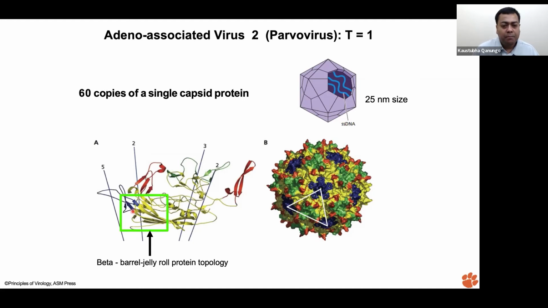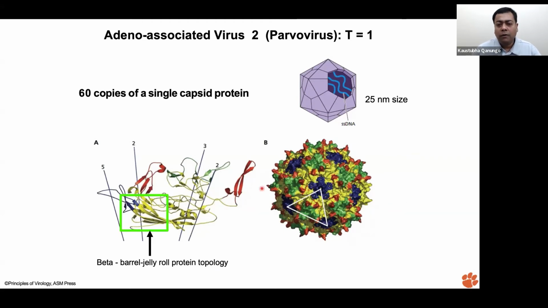You have these beta sheets which are connected with another angled beta sheet structure by some loops. We call this beta barrel jelly roll, and we will elaborate that. This is a very typical topology or motif present in many of the proteins which make up these icosahedral particles.